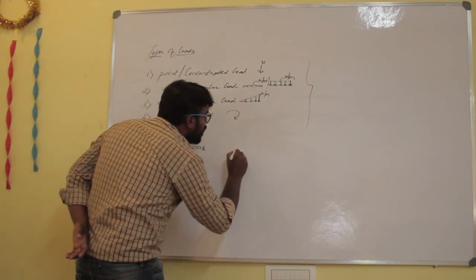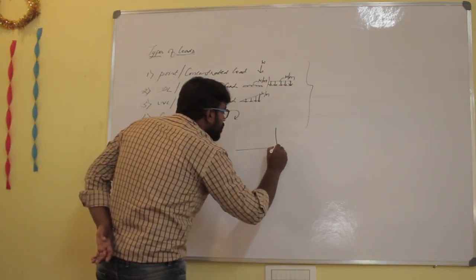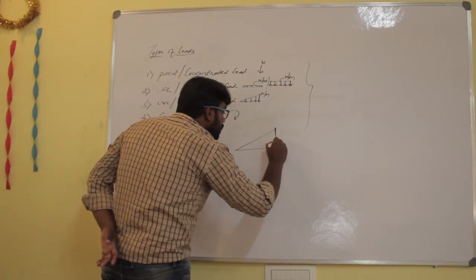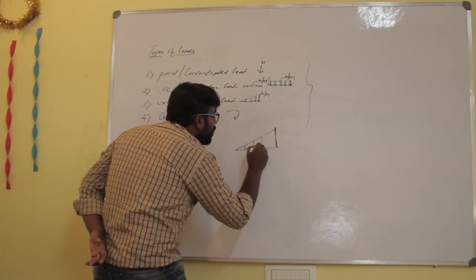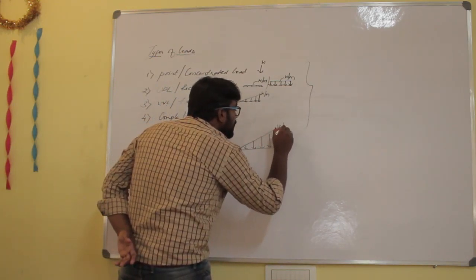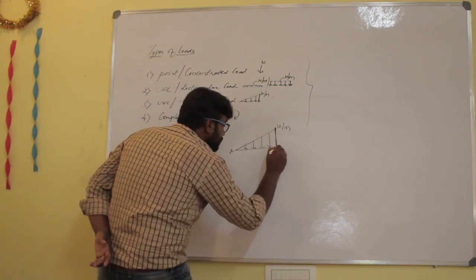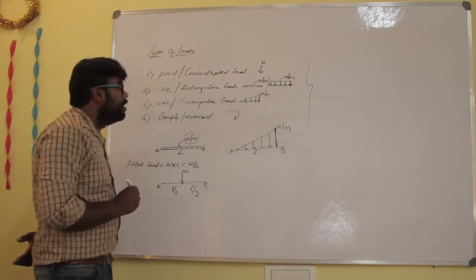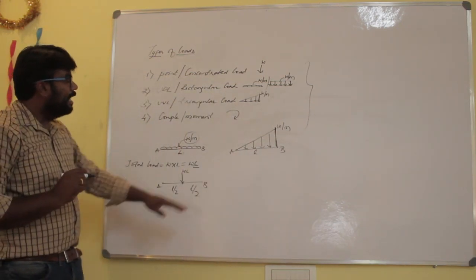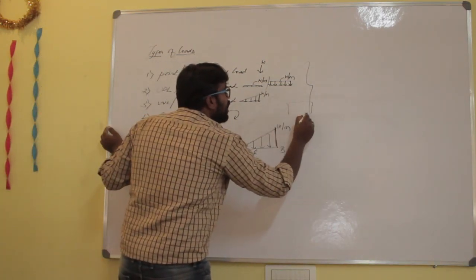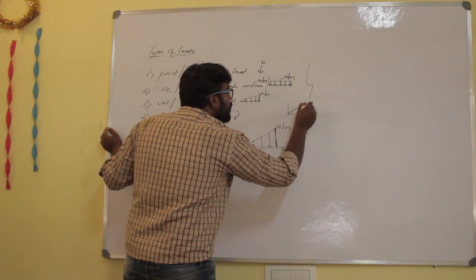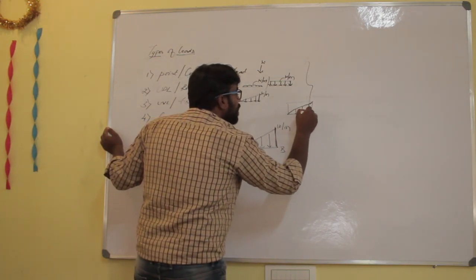Similarly, how to convert a UVL into a point load. Consider a UVL of intensity W per meter and length L. Since it's a triangular load, it will be half of a rectangular load. If you consider a rectangle, the half of a rectangle is a triangular load.